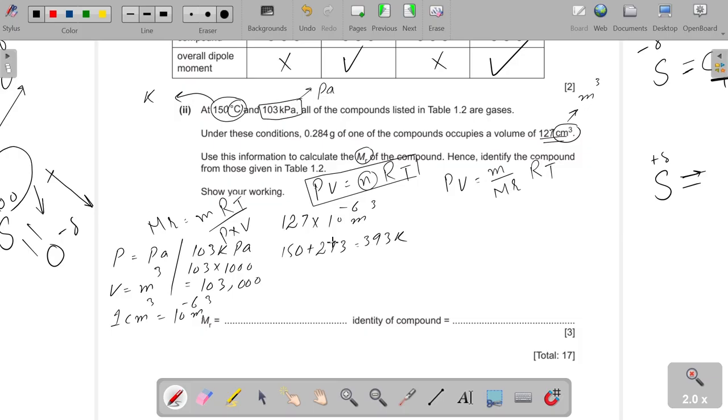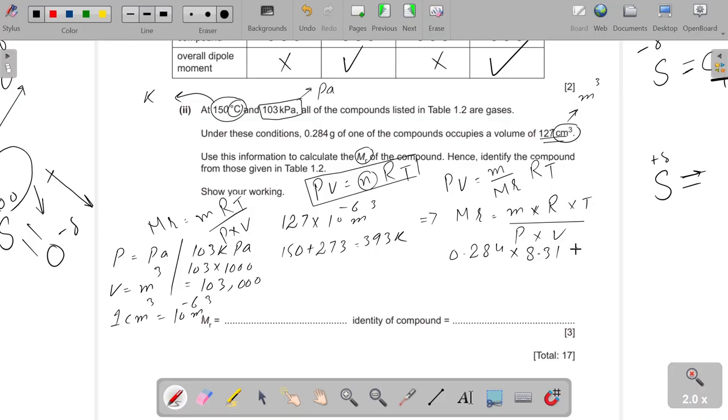Okay, so now by using this formula, what is our formula? It is MR is equal to mass multiplied by R, which is 8.31, multiplied by the given temperature in Kelvin, over pressure in Pascal times volume in meter cube. So let me put in the values. The given mass is 0.284, multiplied by R, which at the end is 8.31, always a constant value.